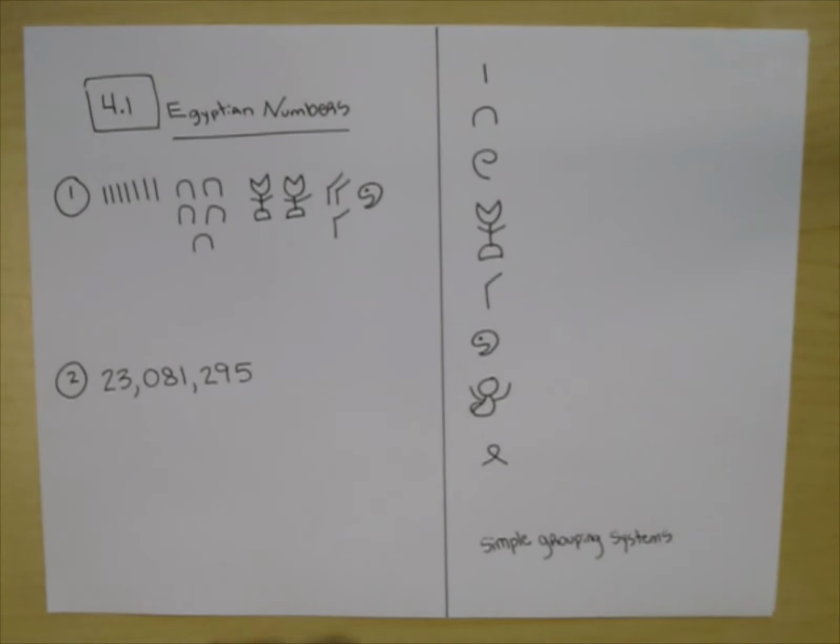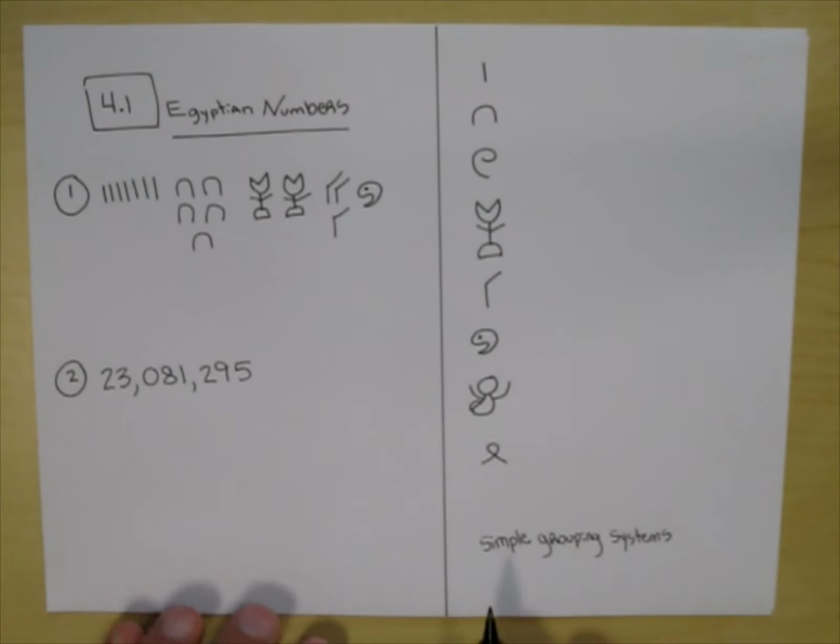We use a positional system. This is a grouping system, and we'll talk about what that means. What I'm going to show you comes around 2850 BC, and here we go.